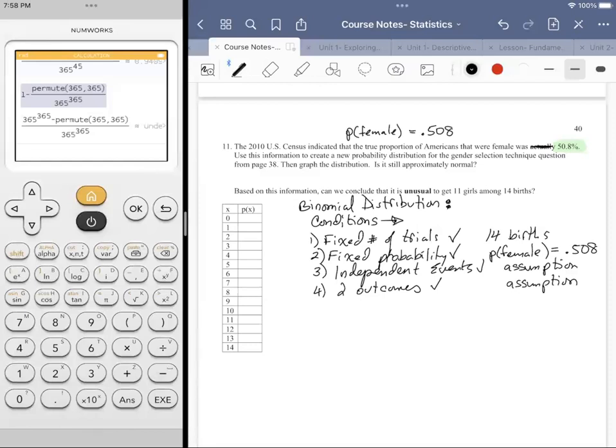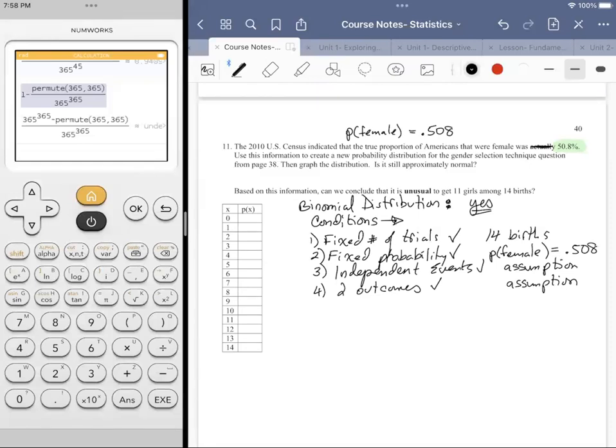So we can assume that it is definitely a binomial distribution. So this would be a yes, because those 4 conditions were satisfied. Now that we know that, it allows us to use the binomial functions in the calculator.